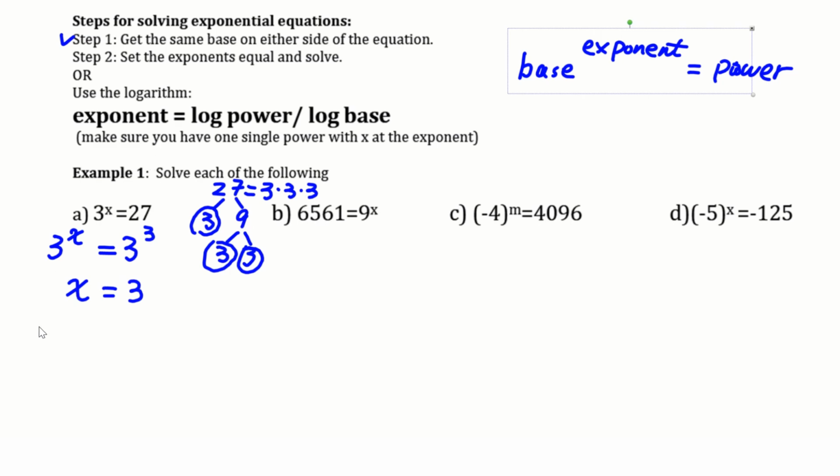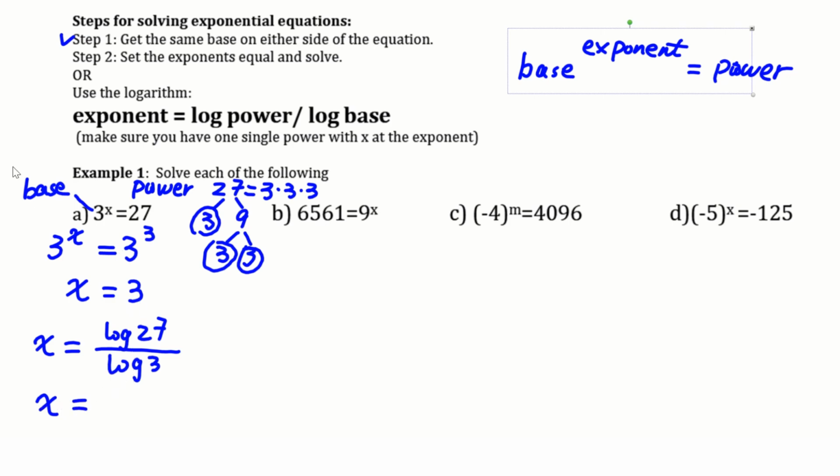If we want to use the logarithm, we could write the exponent equals log power, 27, divided by log base 3. So log power over log base, then you will have the x value.